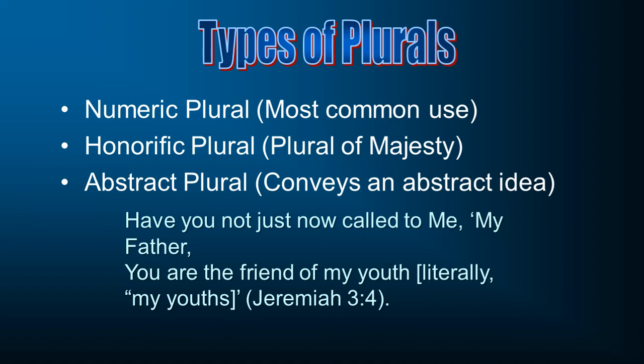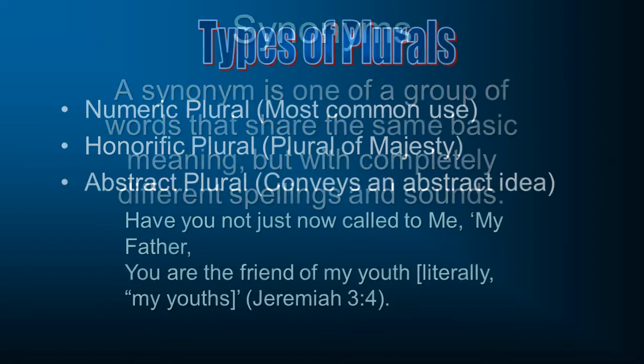And notice it put it in the plural, even though he's only got one youth. The person being described doesn't have multiple lifespans in the past where he had multiple youths. No, it's describing his youth as sort of an abstract idea, and so that's the use of the plural. But most plurals are going to be just numeric plurals in the same way it is in English.